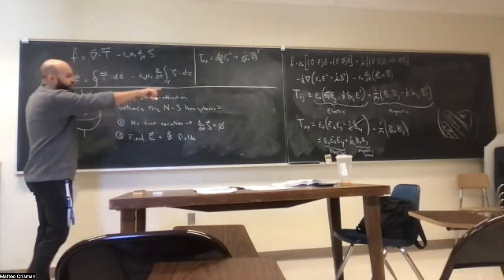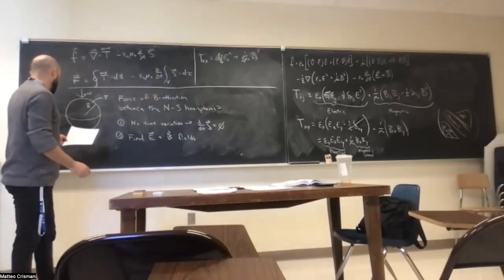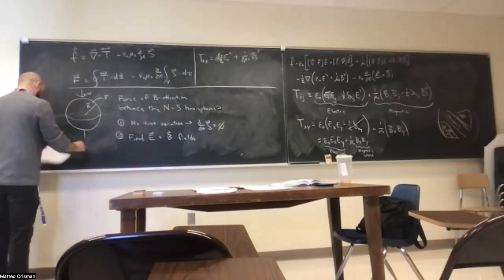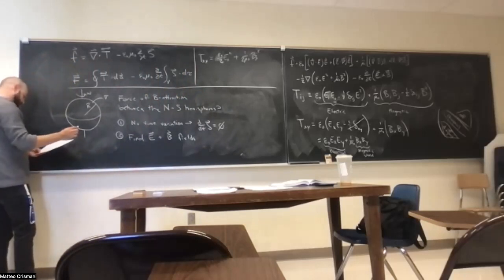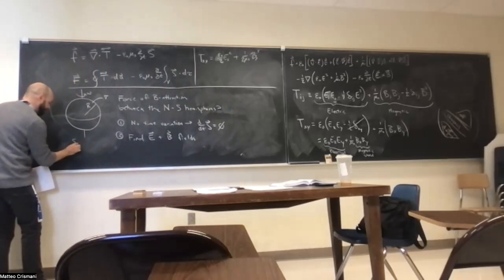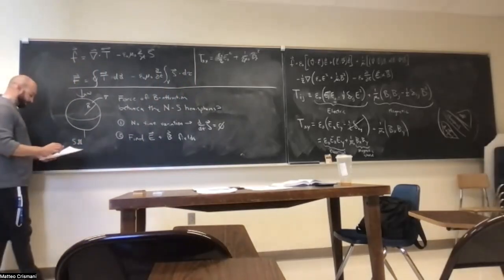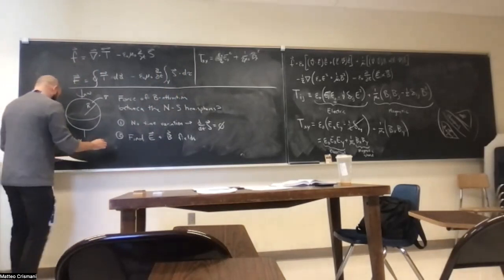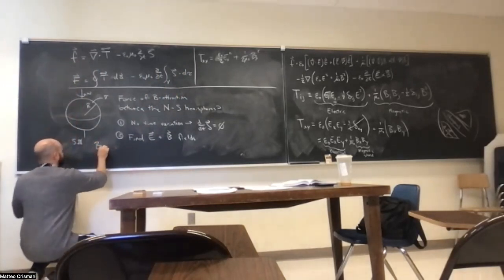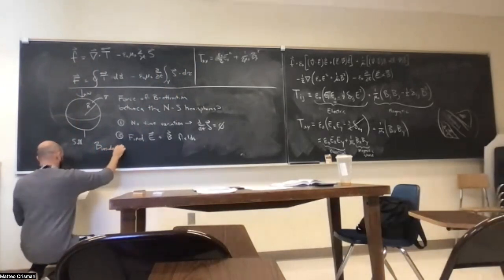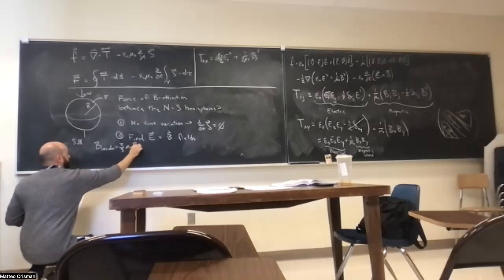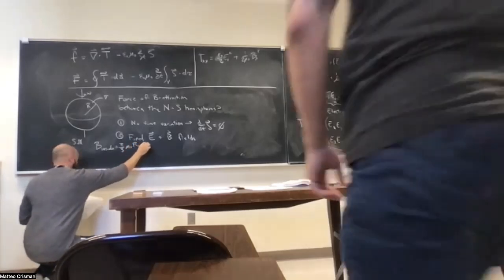Okay, so I just want the magnetic component. And I'm going to tell you from the equation, what is it? Example 5.11. B inside is 2/3 mu naught sigma R omega in the z hat direction.